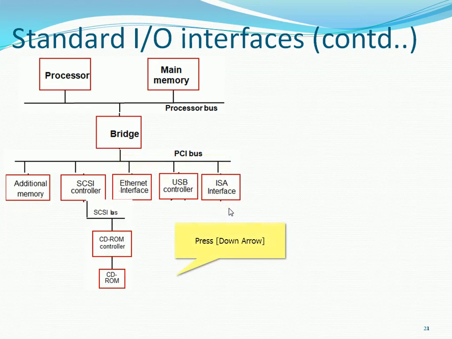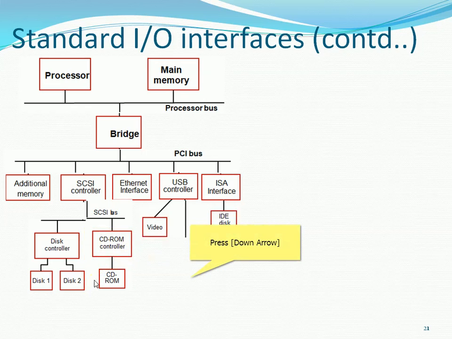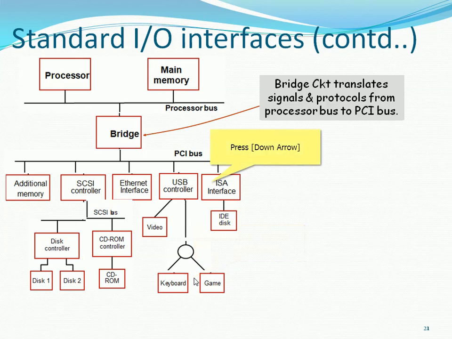The SCSI bus will be connected with the CD-ROM controller and CD-ROM, and other CD-ROMs we can connect. There is also a SCSI bus connected to the disk controller, with disk 1 and disk 2 connected. We have the USB controller, a video port, and various other devices such as keyboard, game player and IDE disk that we can connect.